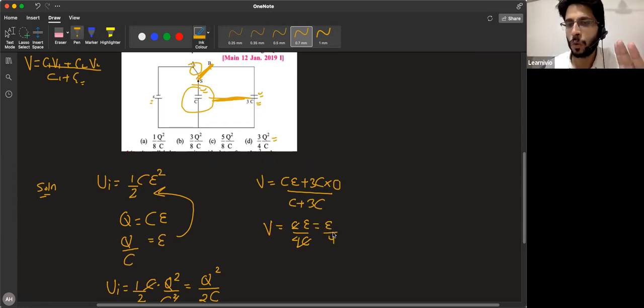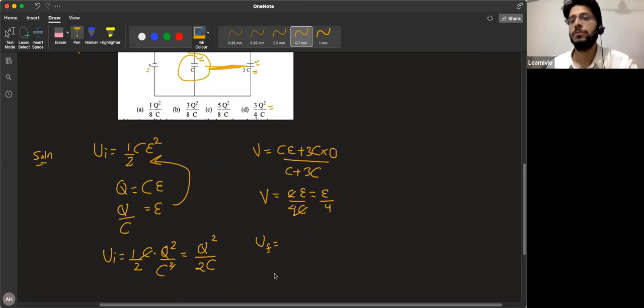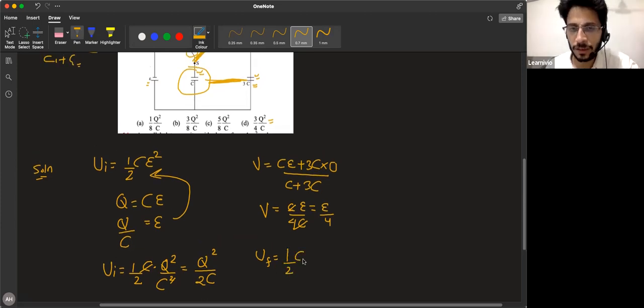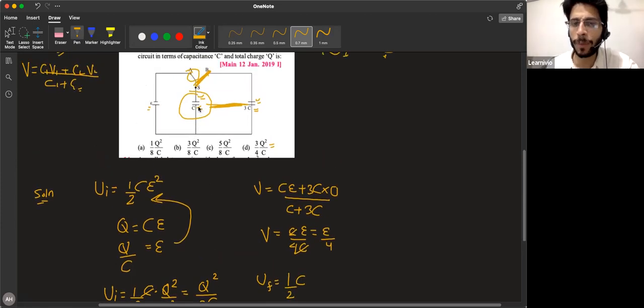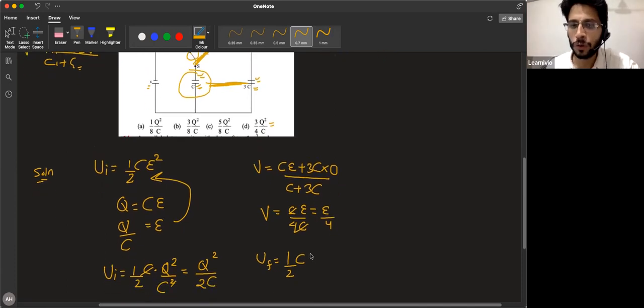Once you have common voltage, can you calculate the final energy? You can always calculate final energy, right? How do you calculate it? It will be half C, and the voltage across this capacitor now is E by 4, so (E by 4) square, plus half into 3C, and the voltage is again E by 4, so (E by 4) square.